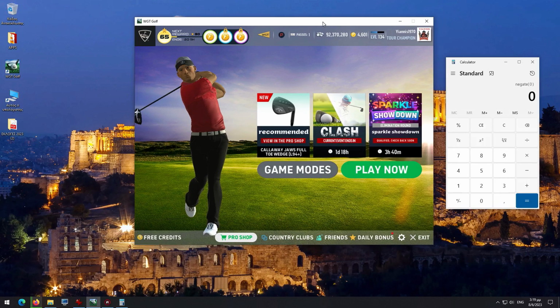As you can see, I have opened the game and I have my calculator to the right side. The thing that I did to count the length of each grid is to take a reference point on some course.